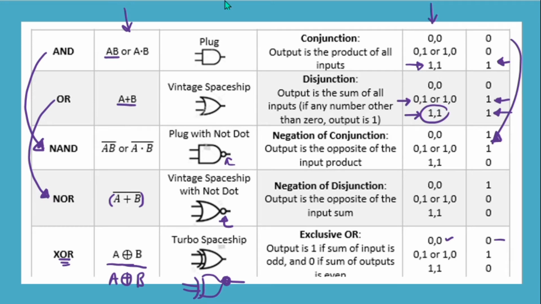And these are the same as the behavior of the OR gate. Where it gets weird is when you get two 1s as an input. 1 plus 1 is 2, that's even, so your output is 0 because that is also even. Another way to think of it is that if everything's the same, because you're only going to really have a 2 input XOR gate, then your output is 0. You have to have different inputs to create a 1 as the output.